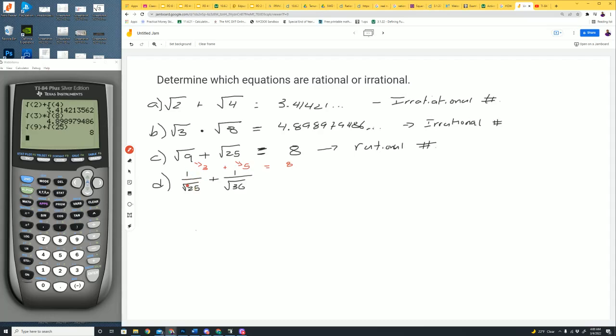I have 1 over the square root of 25. So what I can do for this, if you have another calculator, you want to use a fraction way, you can do it. But I'm going to put this in parentheses, 1 divided by the square root of 25. Close those parentheses.